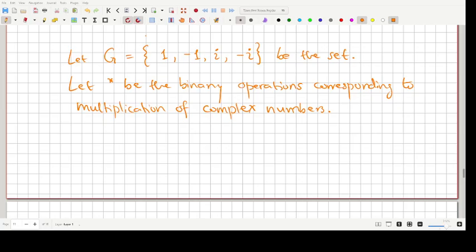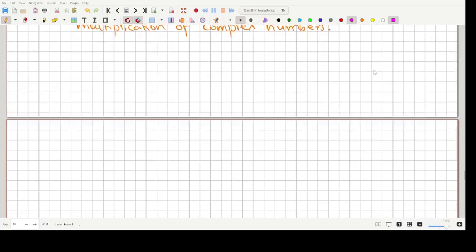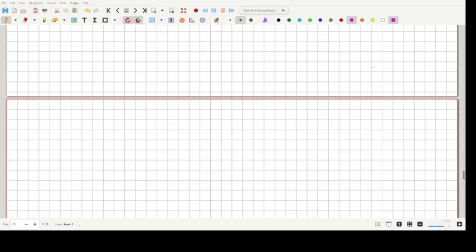Okay, so now let's identify the rules and check whether all the rules are satisfied here or not. So number one, the first condition is that the set should be closed, right? The first is the closure property. So let's see if 1 multiplied by 1 belongs to our set G or not.